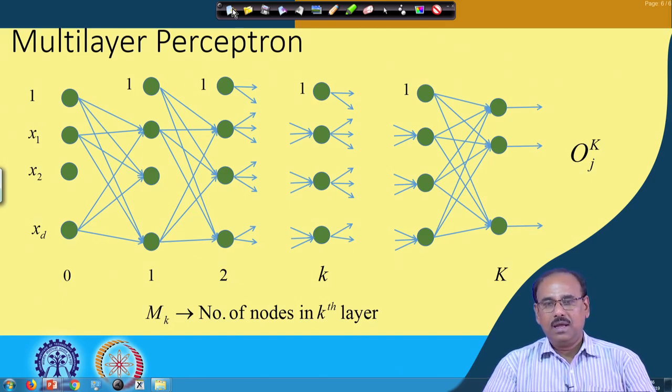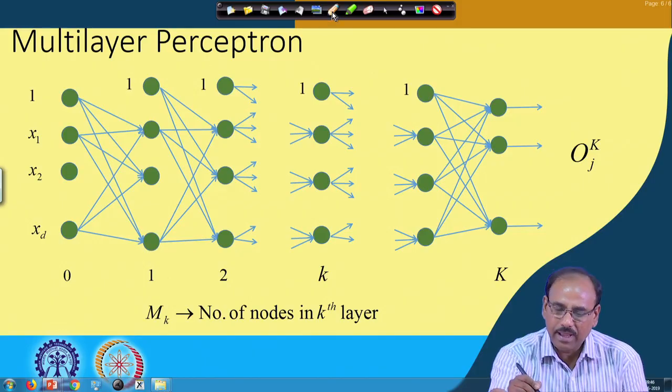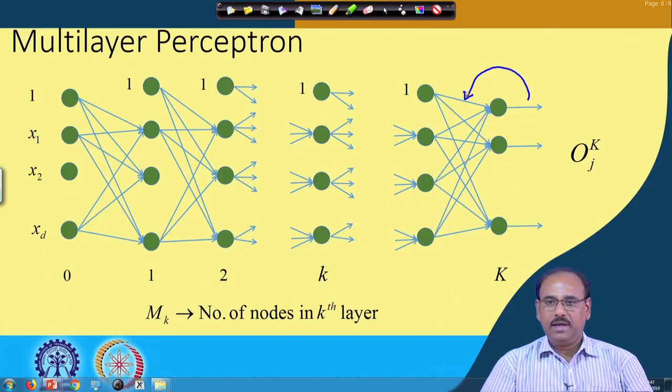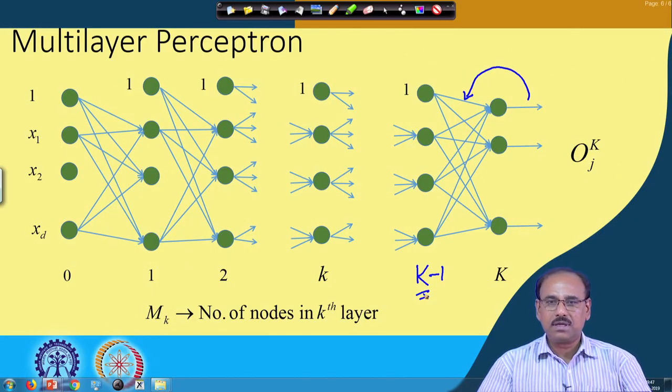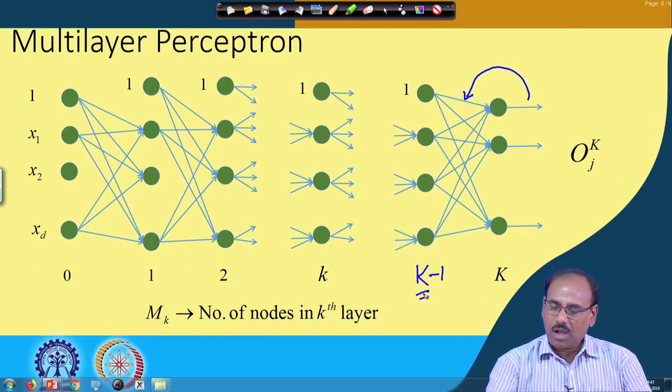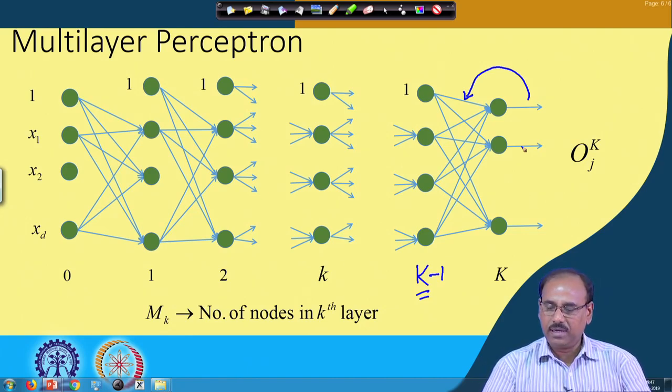Now, in this case, the training for the output layer and the training for the hidden layers will be slightly different, because I can compute the error at the output layer, and once I compute the error at the output layer, I can backpropagate that error through the gradient descent approach to the connection weights in between the k minus first layer and the layer capital K, that means the layer just before the output layer. So, I can backpropagate the error for updation of the weight vectors from the k minus first layer to the kth layer.